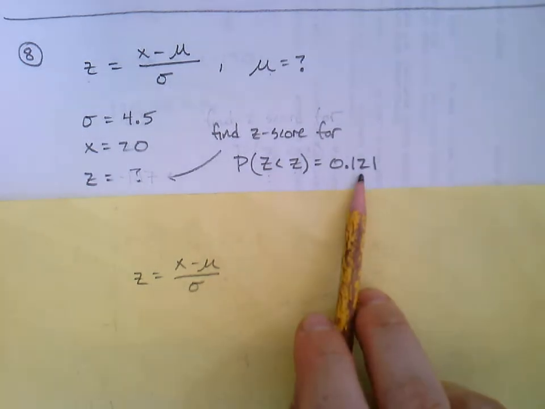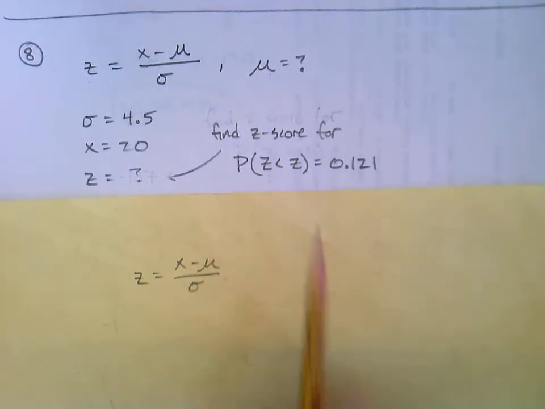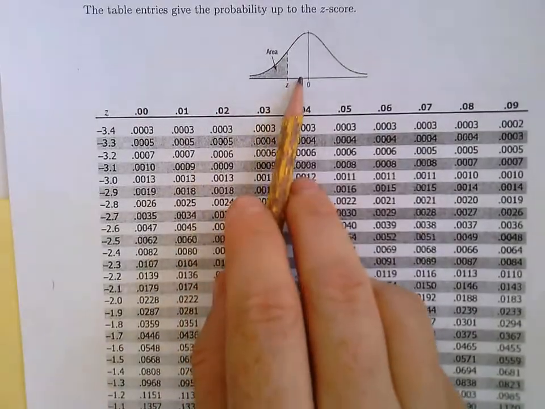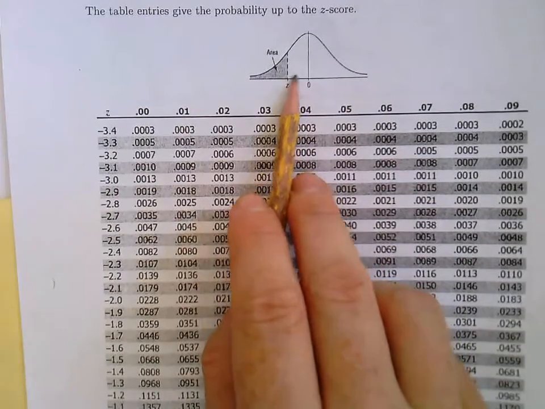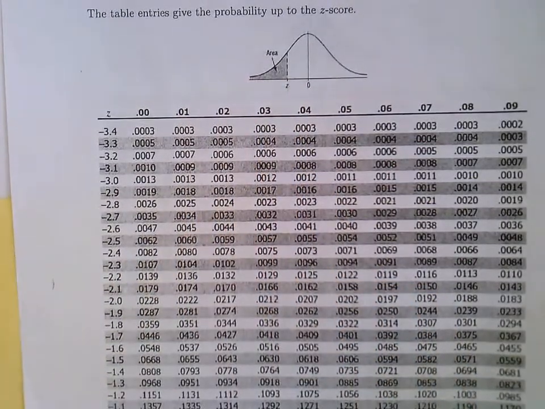Well, 12.1%, that is less than 50. So look at the negative z-scores because it'll be on the left side, the lower 50% of the data. You would have figured that out pretty soon anyway, but it saves you a little time that way.